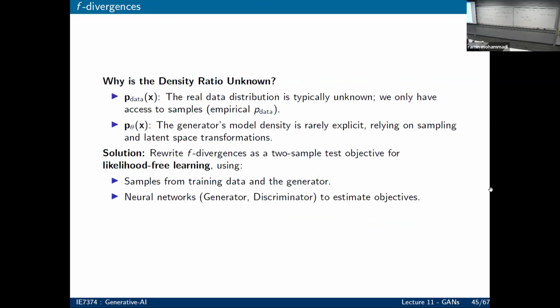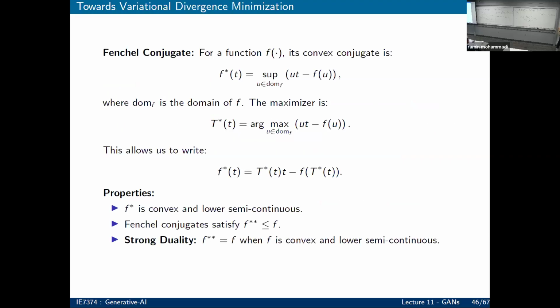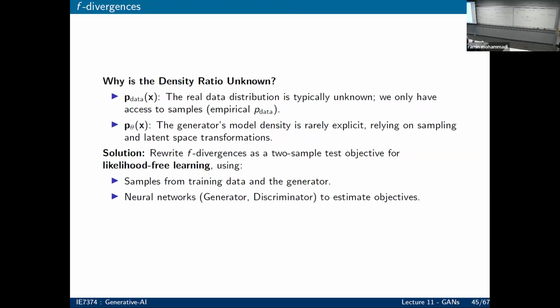So the idea was, if that ratio is unknown, what could we do? We can rewrite this F divergence, maybe using a neural network to find that ratio for us instead of trying to estimate it. Does that make sense so far?